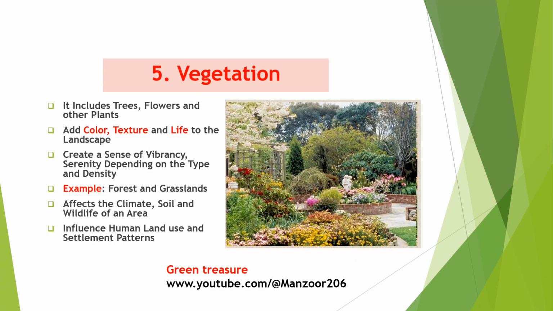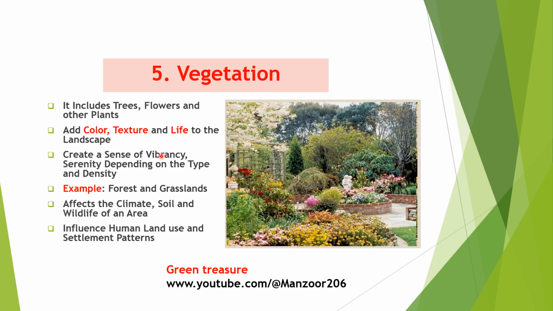The fifth visual feature is the vegetation. Vegetation includes trees, flowers, and other plants. There is always a diversity, and it will add color, texture, and life to the landscape.